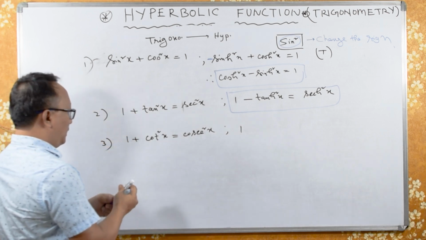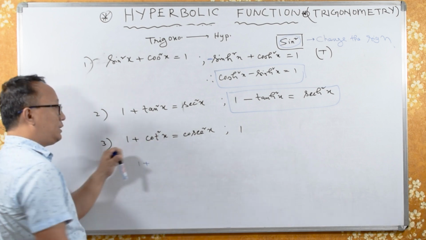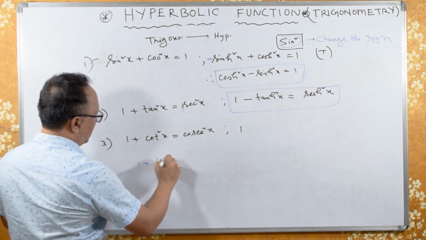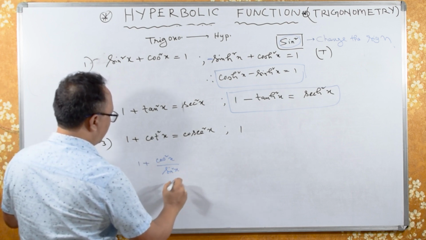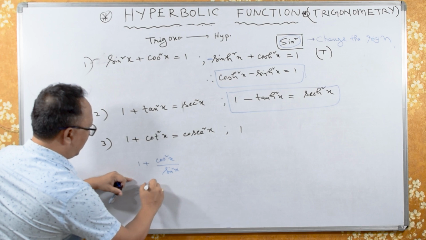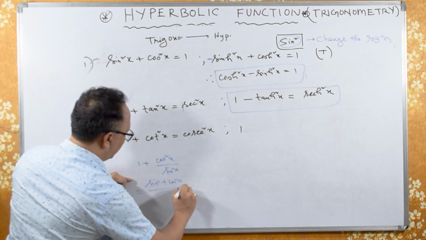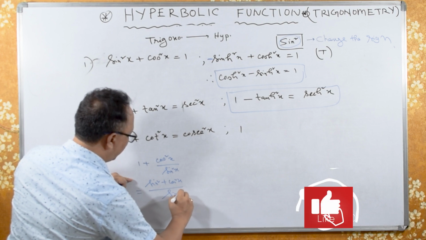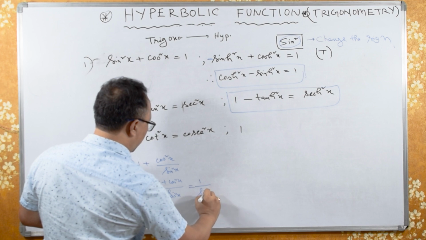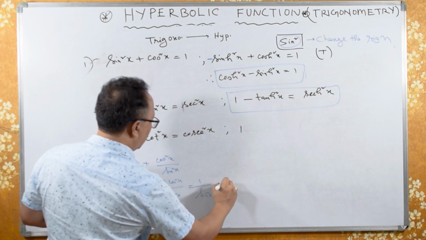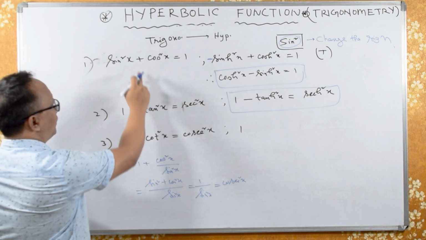Over here, see 1 plus cot square x, where cot square is cos square x upon sine square x. You take the LCM, it will be sine square x plus cos square x upon sine square x. Sine square x plus cos square is 1, by sine square x is cosec square x. For this also you can prove.